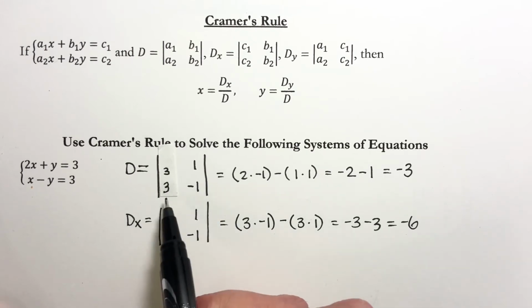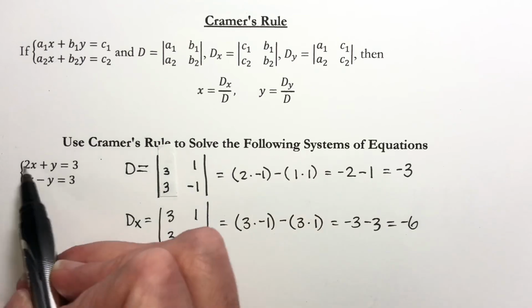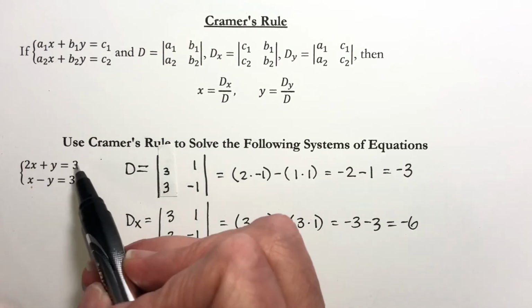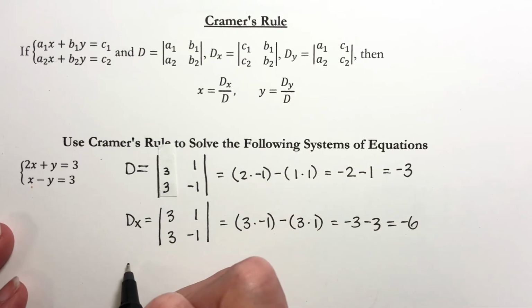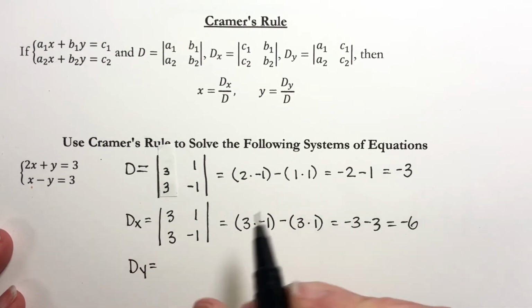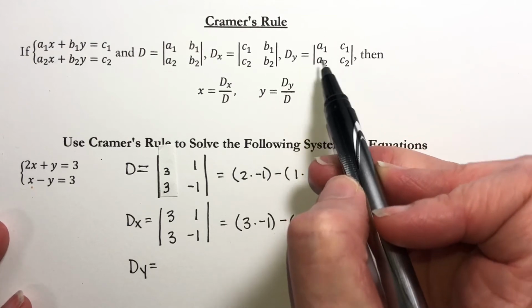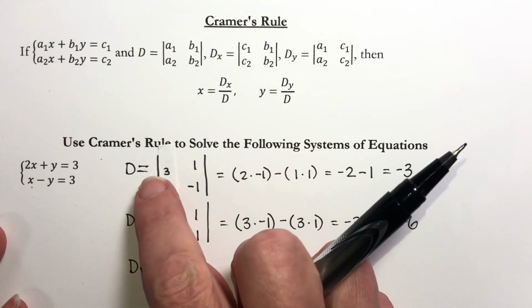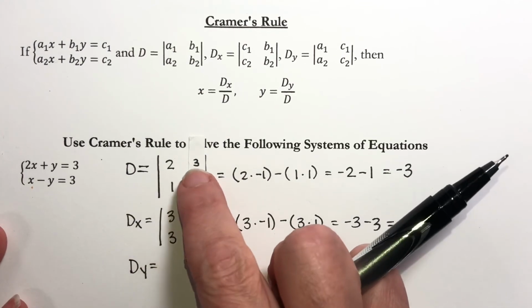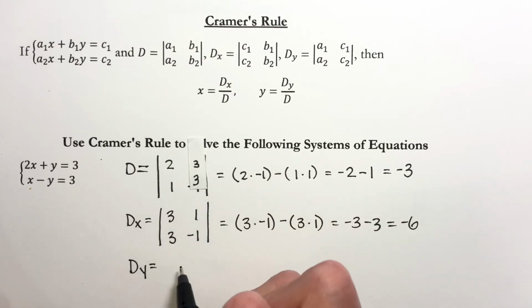From our original one, I covered up our x coefficients with the answers, which happen to be 3 and 3. Now to find Dy, we do the same thing, essentially. We're going to keep our x values showing, but cover up our y values with our solutions. So I end up calculating this determinant instead.